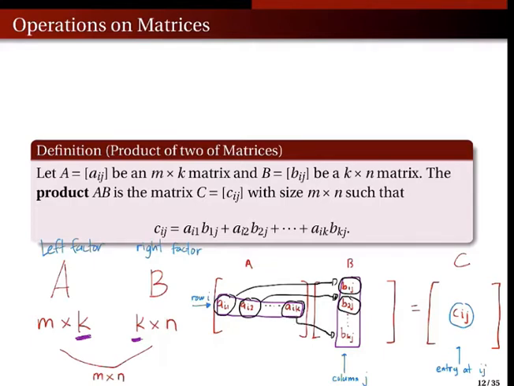You will just do those pairings and then add all the sums. So that's what your Cij is: Ai1 times B1j plus Ai2 times B2j plus until you have AiK times BKj. So once you have that, you will get the entry Cij in the other matrix.